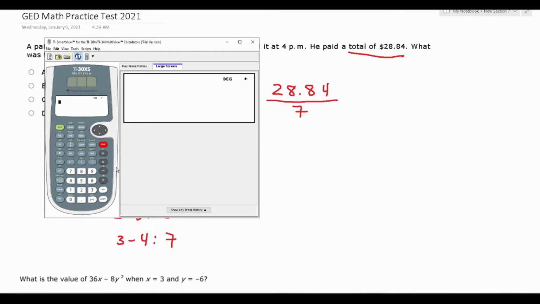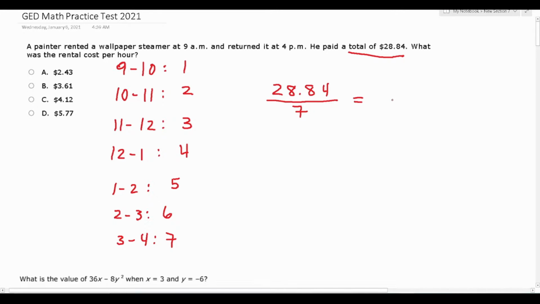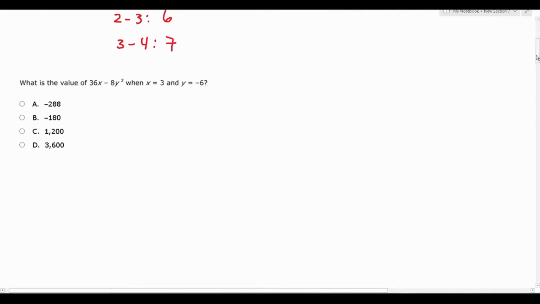So let's just go ahead and plug it in. We have 28.84 divided by 7. And we can see that this equals $4.12, which is C. Okay, so that one was pretty simple. Let's go ahead and move on to the next one.